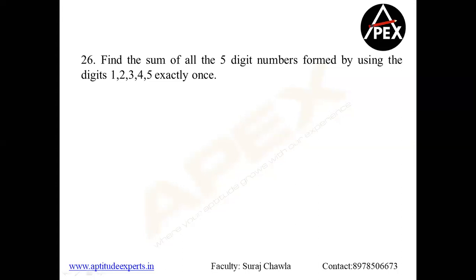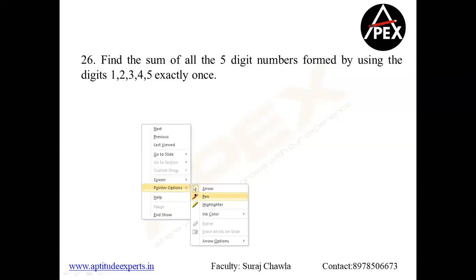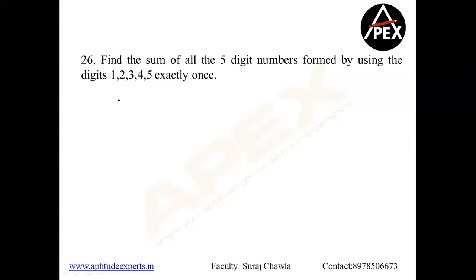So the formula once again I am repeating, if you have n non-zero digits, okay? I'm sure a lot of you are using calculators if I'm not wrong. What the answers are coming. Anyways, that's not a problem. N non-zero digits are given. Then n minus 1 factorial into sum of all the digits into 1, 1, 1, 1, 1, n times.